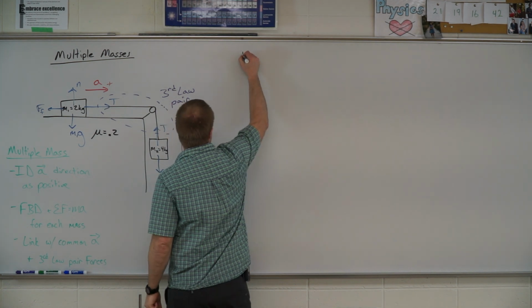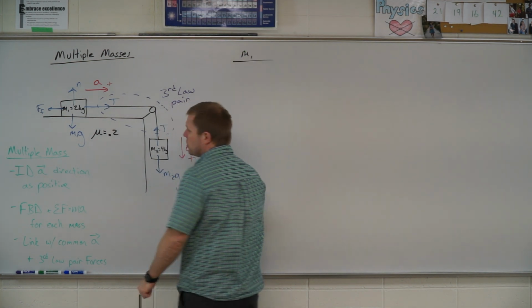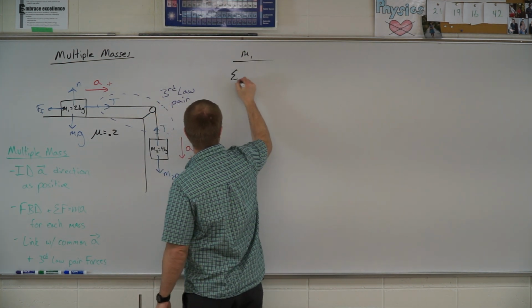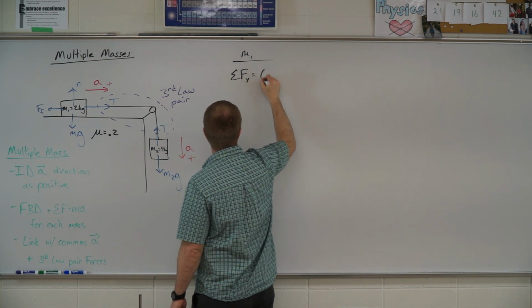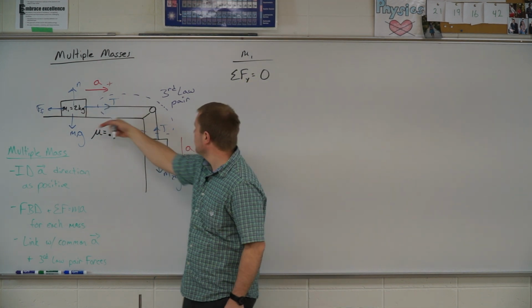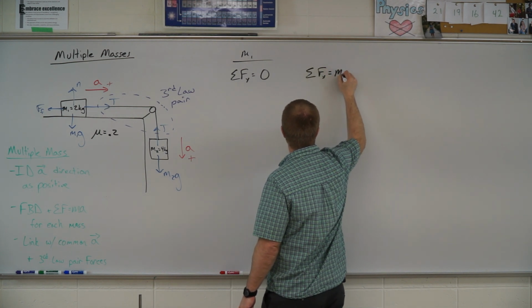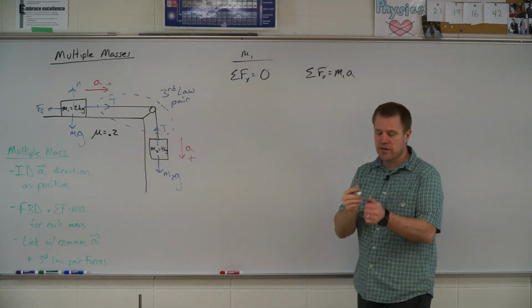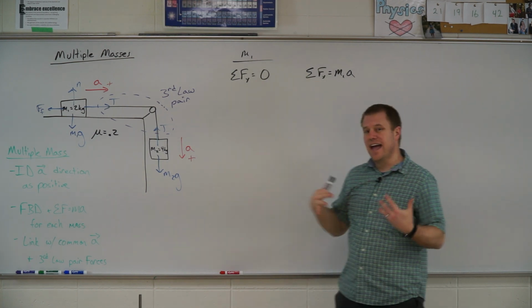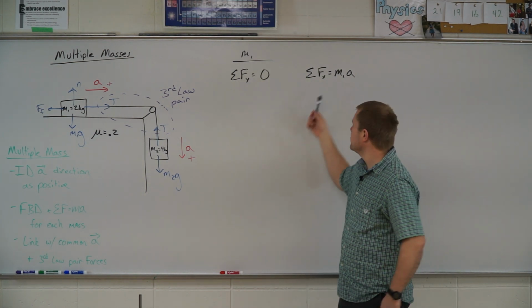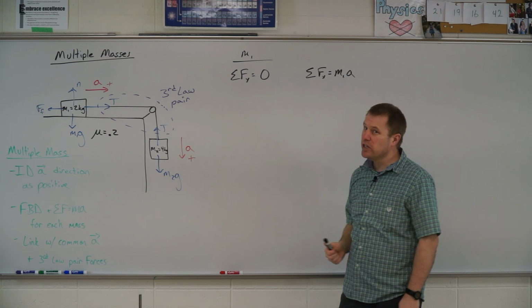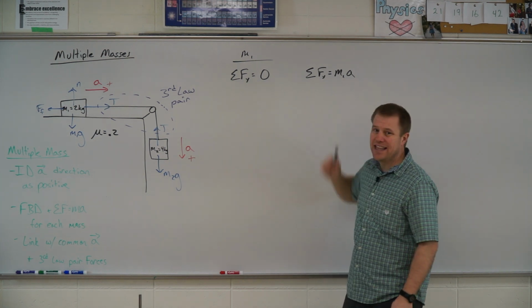For M1, I'm going to have two equations, one in the y direction, where the sum of the forces is 0 because this one is not accelerating, and one in the x direction, where the sum of the forces causes M1 to accelerate. When we have multiple masses, we need to identify which mass is accelerating for a given equation.